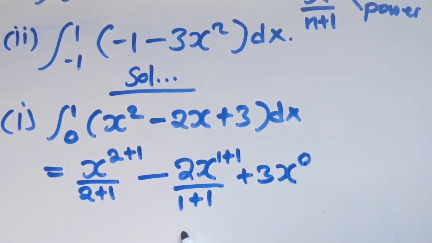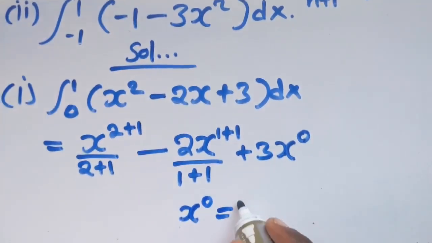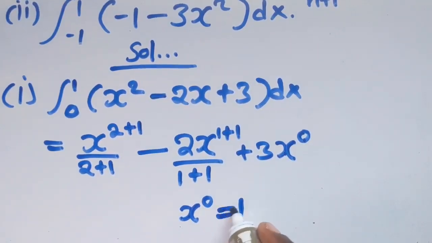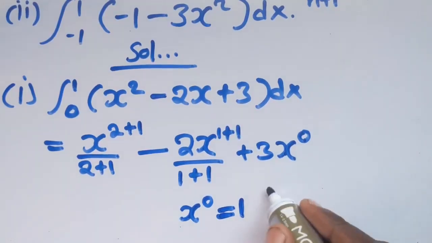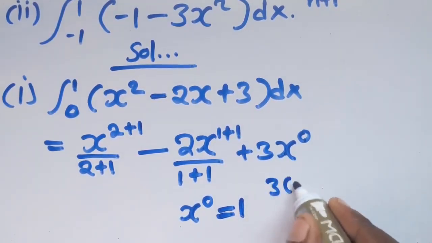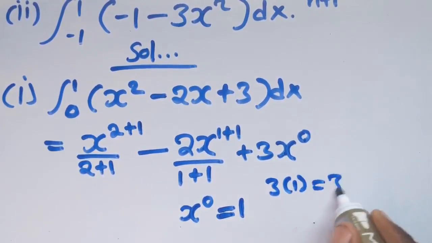And you know that whenever any number is to the power 0, it is equal to 1. Any number or letter to the power 0 is, in mathematics, equal to 1. And 3 multiplied by 1 is just 3. That is why it is 3 there.